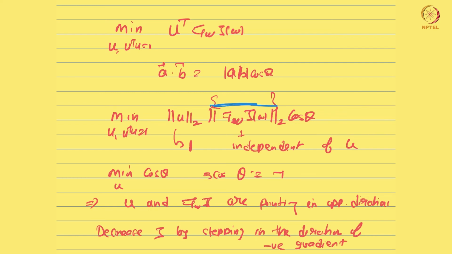Okay. All right. So this is called the method of steepest descent, or gradient descent. And the formula is the following.